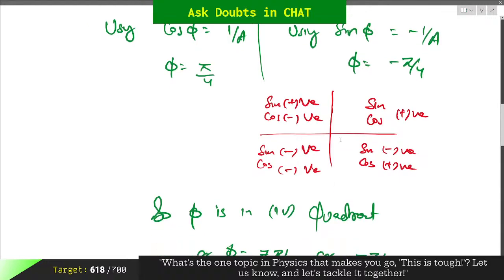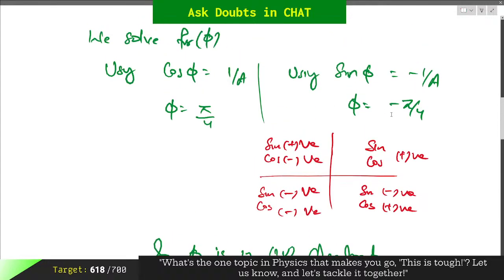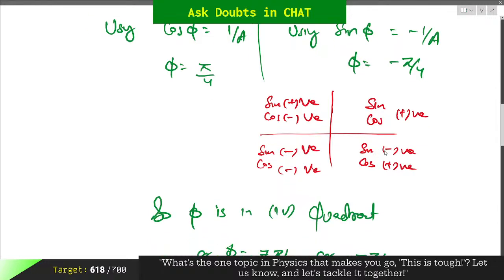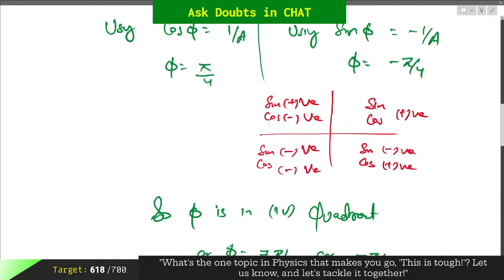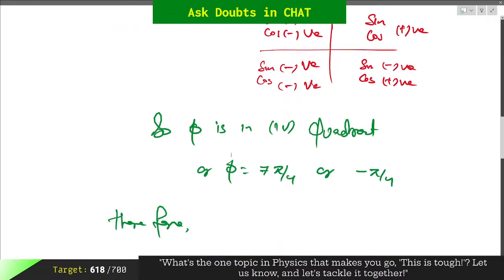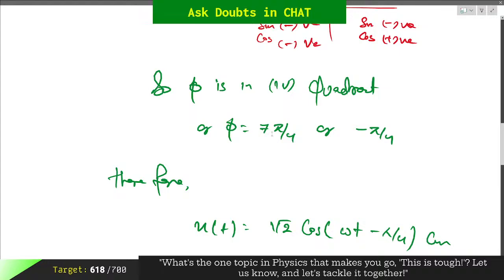When φ = −π/4, sine is negative and cosine is positive, and we have a positive equation over here. So φ is in the fourth quadrant, or we can say φ = 7π/4 or −π/4.